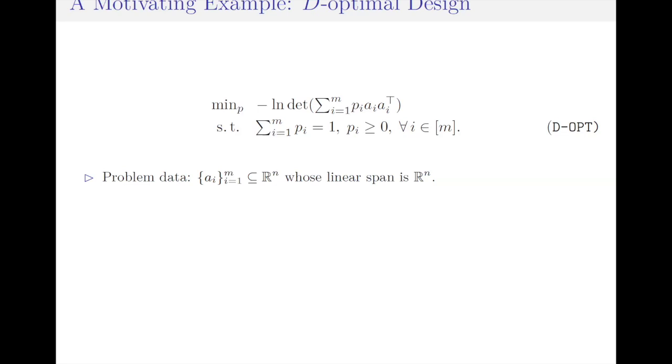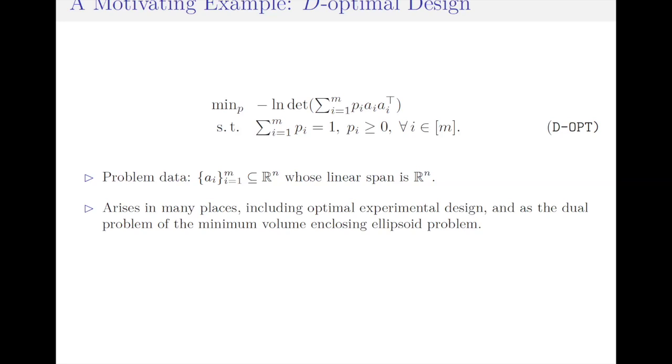So this class of D-optimal design problem nicely fits into the problem class that we introduced at the beginning. The problem data is very simple: it is just n points in the n-dimensional space, the a_i's. And in order for this problem to be valid, the linear span must be equal to R^n. Otherwise, the problem is ill-posed.